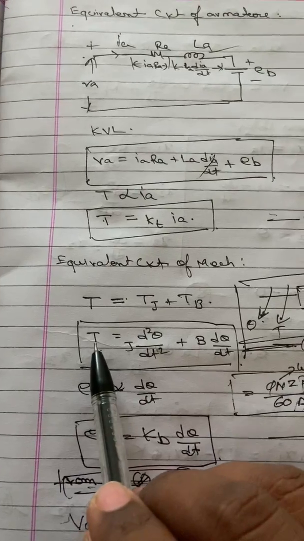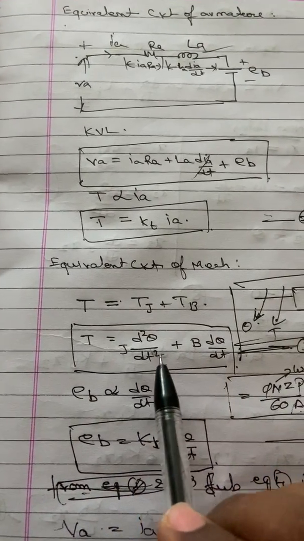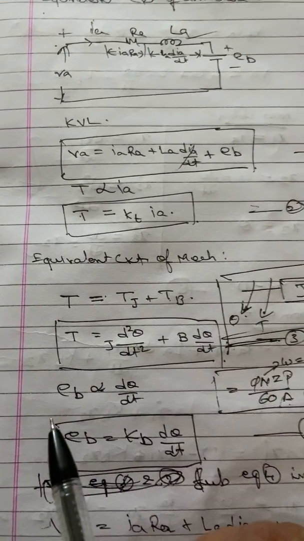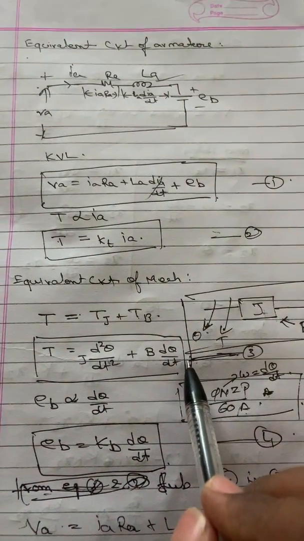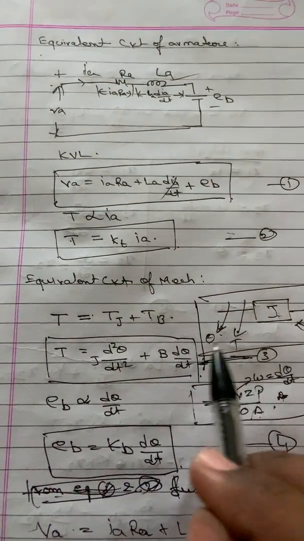From our available knowledge, torque is equal to J d square theta by dt square plus B d theta by dt. We will take this as equation number 3.